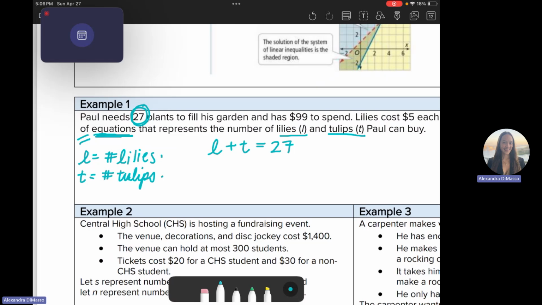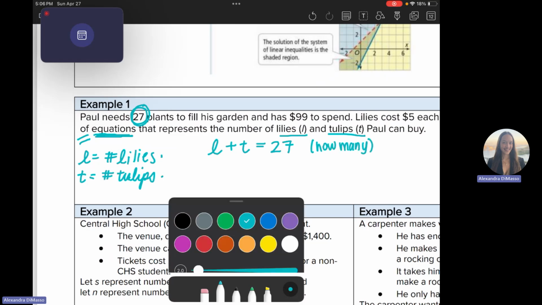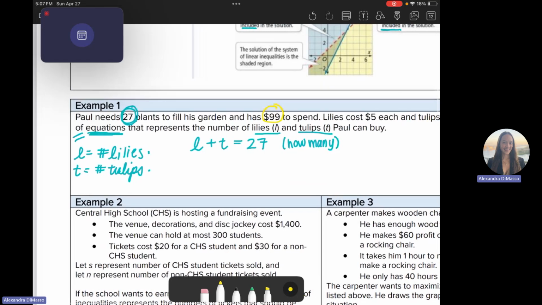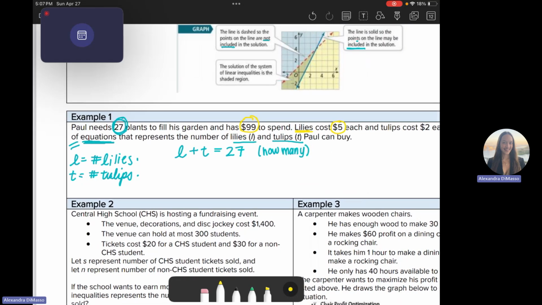My second equation, so this is all about like how many, right? This is my number. Whereas my next equation is now really going to focus in on pricing. So I see I've got $99 to spend. I see lilies are $5 and tulips are $2. So I'm going to write an equation now as my second one that's all about the money, the dinero.